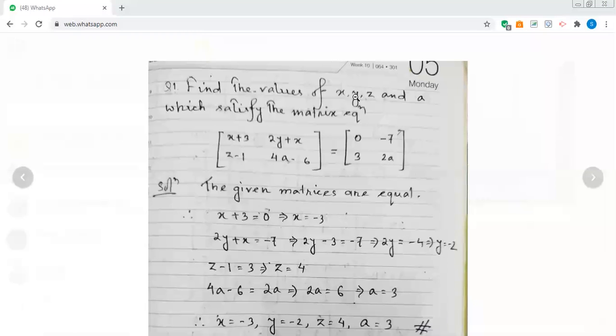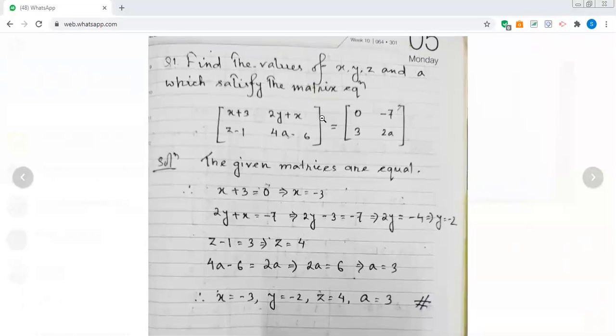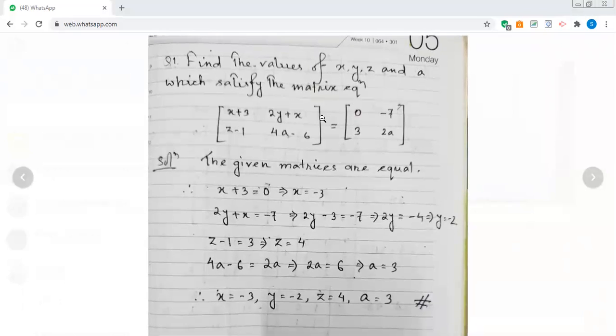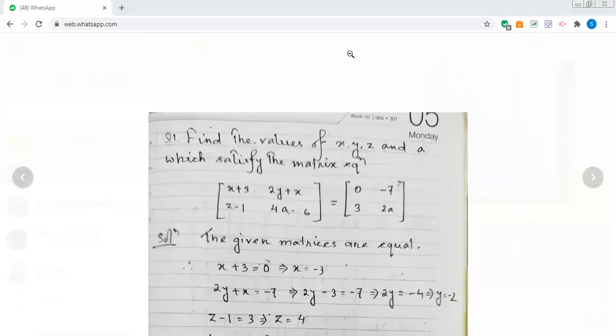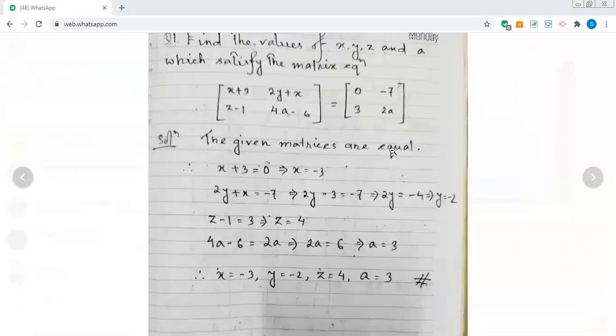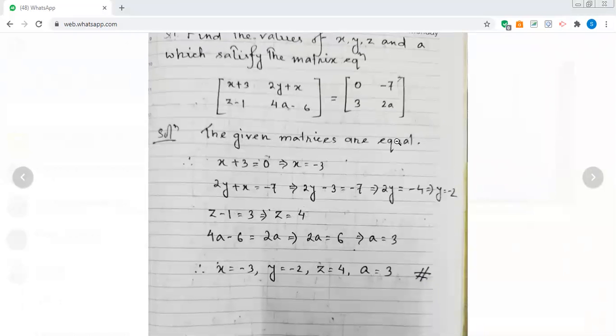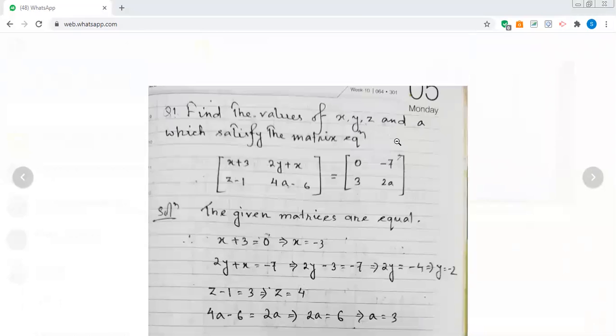The left hand side matrix is of order 2 by 2, because two rows and two columns are there, and the right hand side matrix is also of order 2 by 2. That is, two rows and two columns. From this matrix equation, we have to find the values of the unknowns x, y, z, and w.